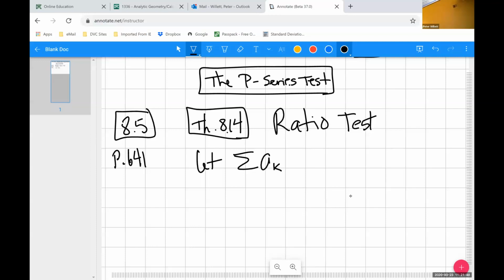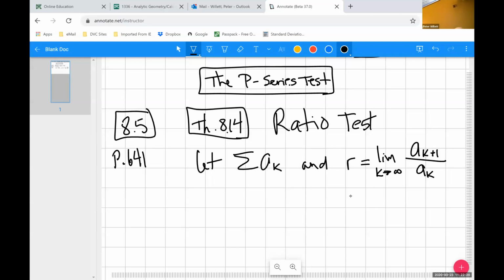And we're going to look at R being the limit as k goes to infinity, R for ratio, of the successive terms. The k plus 1th term over the kth term, the next term along the line.